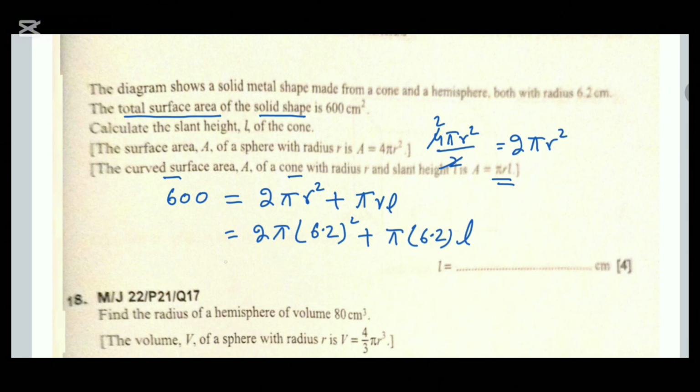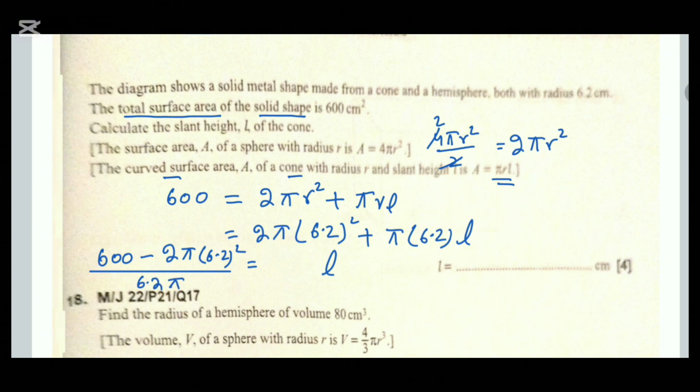So after that you will make L the subject, and it will be 600 minus 2 pi 6.2 square over 6.2 pi.